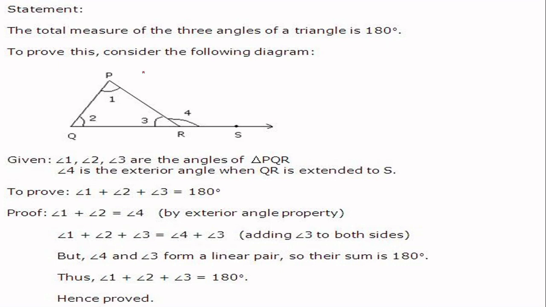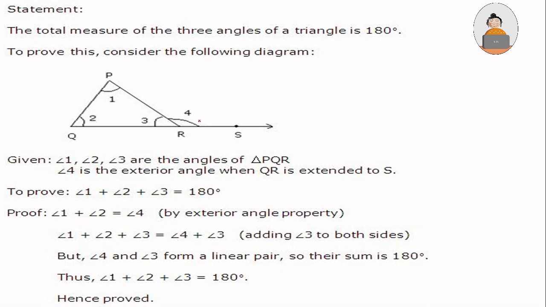To prove this, we will consider the triangle PQR as shown in the diagram, and the third side of the triangle PQR, that is QR, will be extended to S. So we will get an exterior angle named 4.